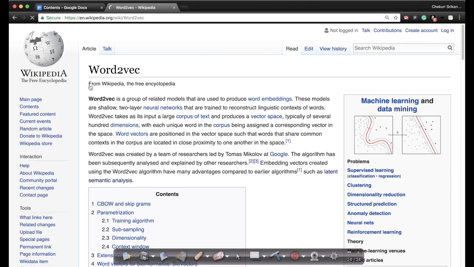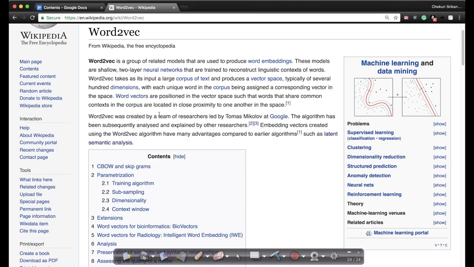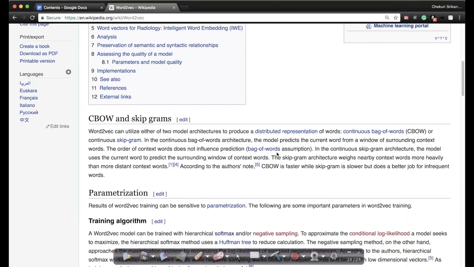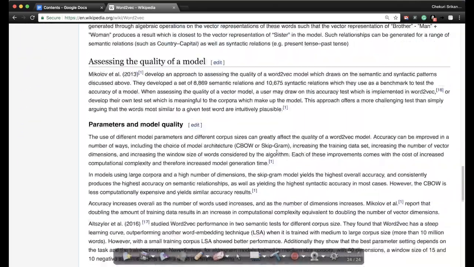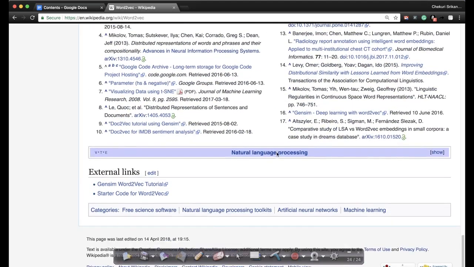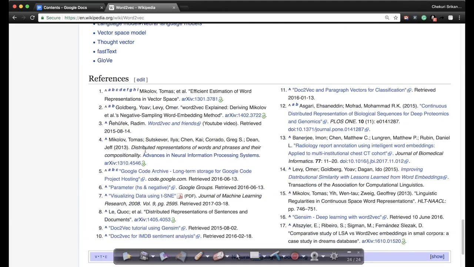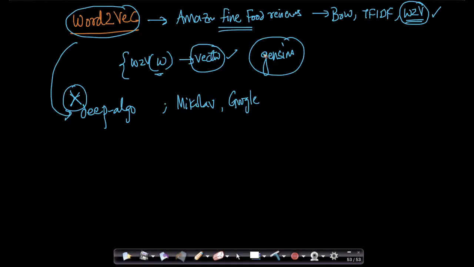On Wikipedia it says Word2Vec by Thomas Mikolov. The first paper, efficient representation, is around 2013. So that's what I recall, around a 2012, 2013ish paper. Very interesting research paper explaining Word2Vec and a couple of variations.